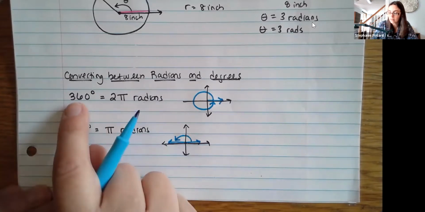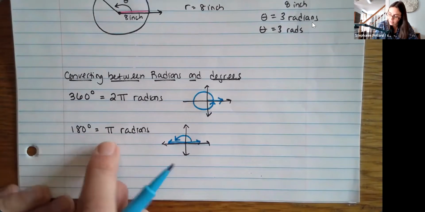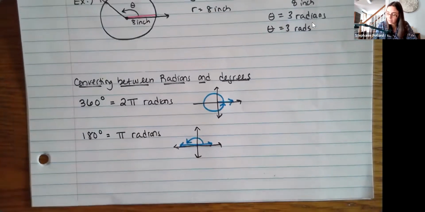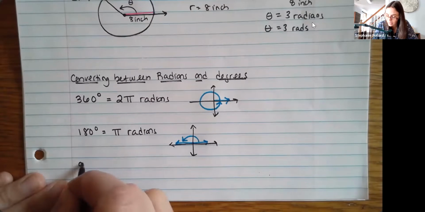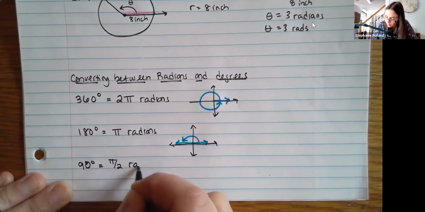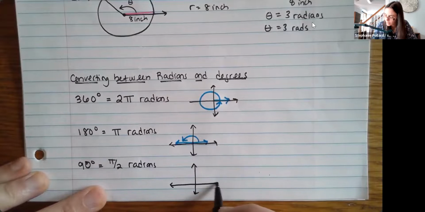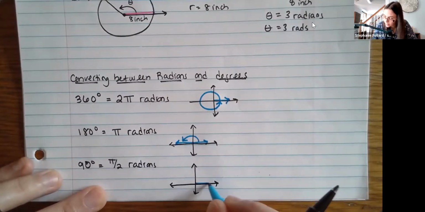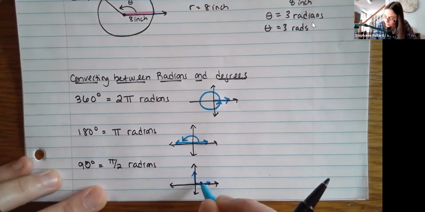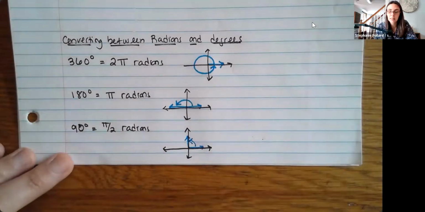So 360, the full way around, is 2 pi, and then 180, halfway around, is just pi. And again, you'll get used to some common ones, right? We'll say 90 degrees is pi over 2 radians. And remember, with 90 degrees, you're doing that quarter rotation. So 90 degrees is the same thing as pi over 2 radians.